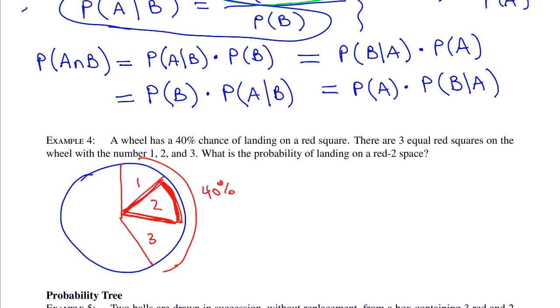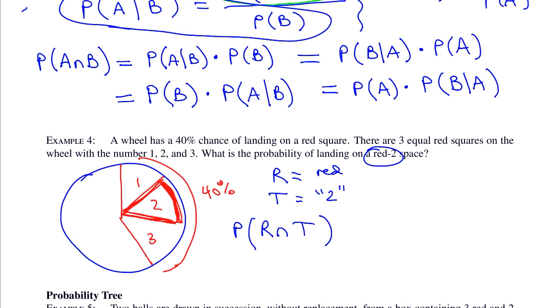All right. So let's let R be the event of getting the red space. And let's let T be the event of getting a 2. Now what we don't know is if there are other 2s on the wheel. That may be a blue 2 or a green 2, something like that. We don't know any of this. So we have to go at it from a different way. We are looking for red 2. So that would be red and 2.